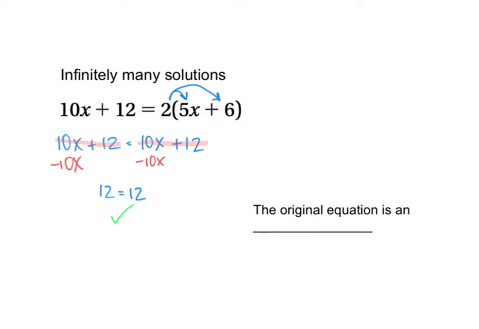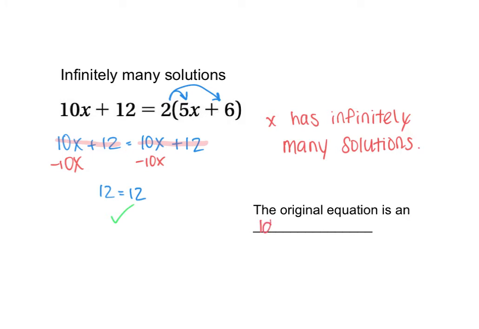So what we write is x has infinitely many solutions. Okay? The original equation is an identity.